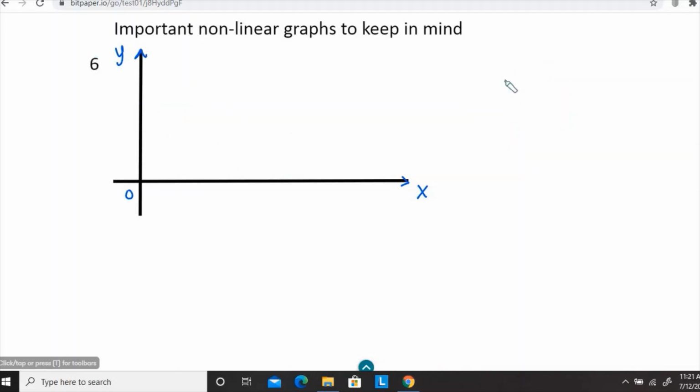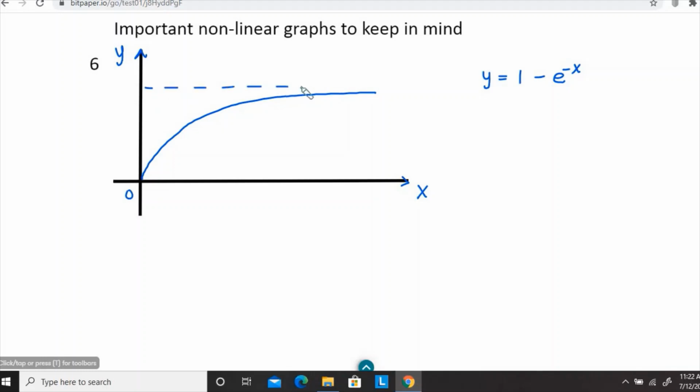The sixth and final nonlinear equation that I'd like to discuss is y equals 1 minus e to the power minus x. If we plot this curve, it's going to look like this. As x increases, the y value will reach 1.